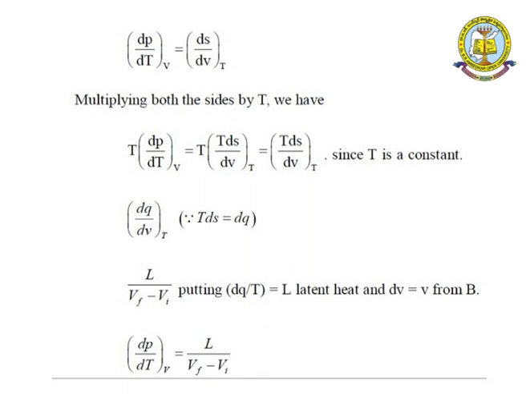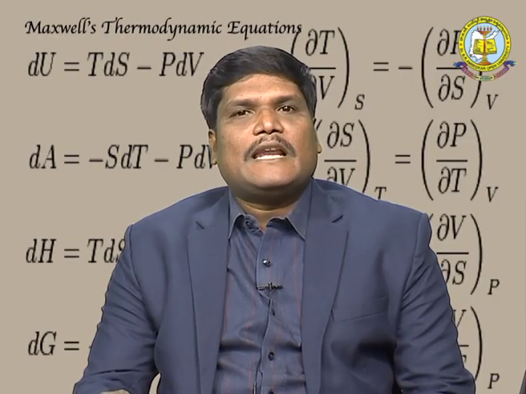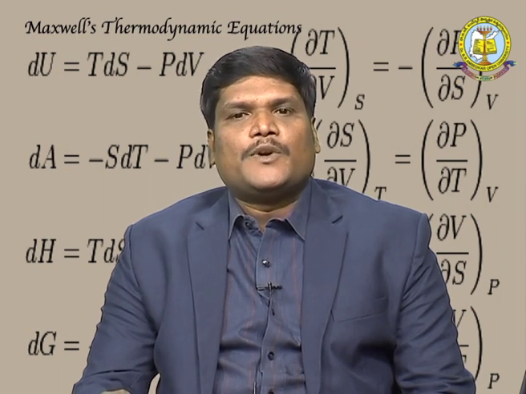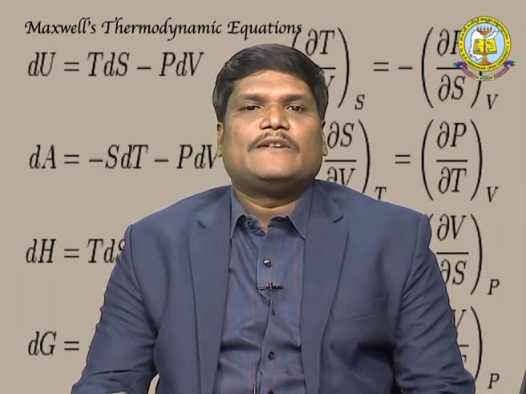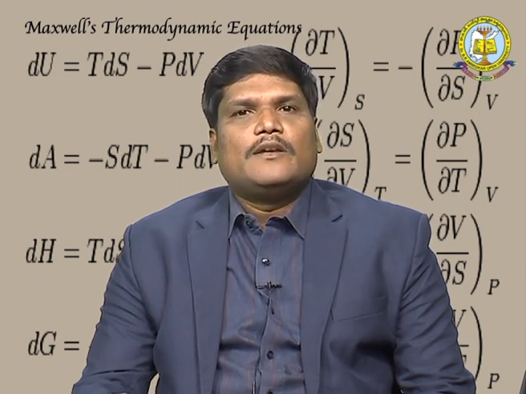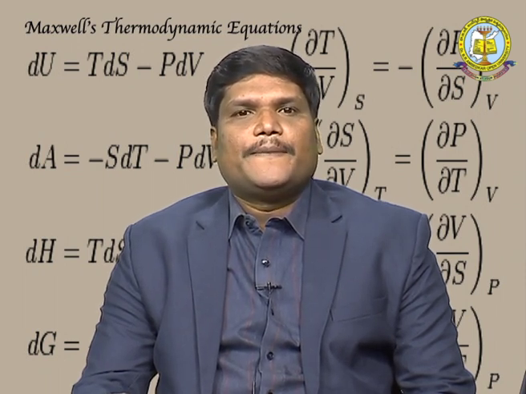Putting dq as latent heat L, and dV as Vf minus Vi, we get dP/dT equals L by (Vf minus Vi). So this is the Clausius-Clapeyron equation. This question may be asked as a short question, so it is important, and you need to remember this equation: dP/dT equals L by (Vf minus Vi).